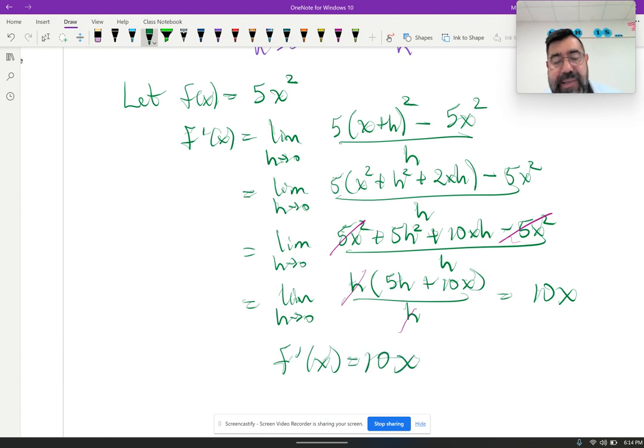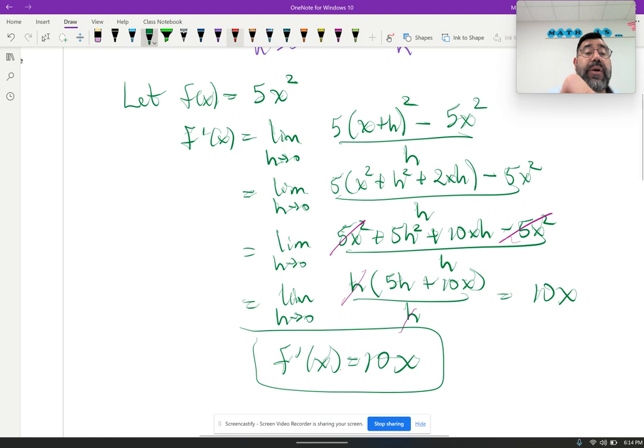What that means is, if I ask you to find the derivative value for this function, 5x squared, at x equals 1, all you have to do is plug a 1 in there and it's going to give you the derivative value. If I ask you for the slope of the tangent line at x equals 3, all you have to do is plug a 3 in there.